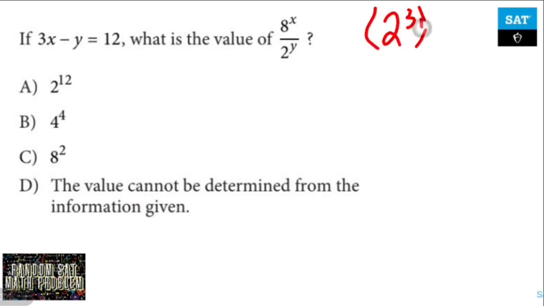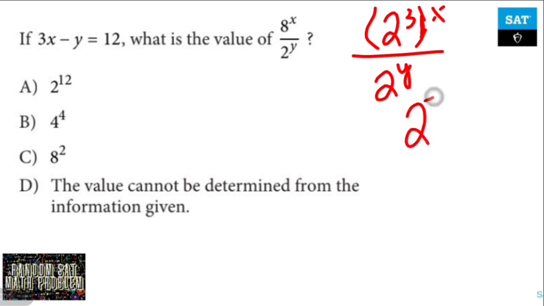Now, while I have 2 to the third there, I still have x on the outside of that parentheses. 2 to the y still lives there. If I have a power being taken to another exponent, multiply the exponent. So that's 2 to the 3x over 2 to the y. So now I have a 3x and I have a y just like I have over there.